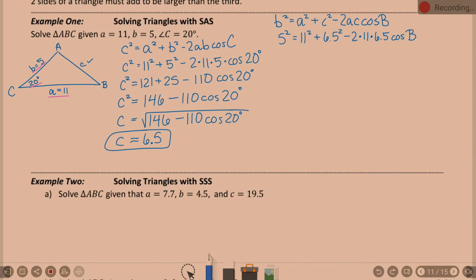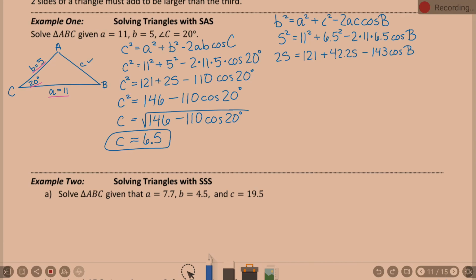It's not just computing. We know 5 squared is 25. 11 squared, 121. 6.5 squared, 42.25. Minus 2 times 11 times 6.5, 143 cosine of B. We have a step of cleanup we can do on the right, yes.